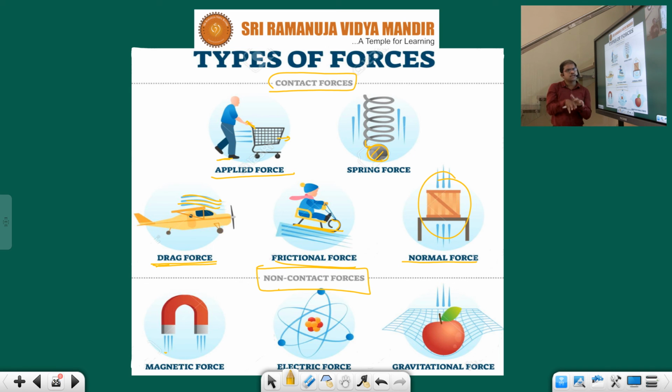Here in this case the force which is developed, that force is called what? Non-contact force, which is our magnetic force. Similarly, electric force also children, and gravitational force.